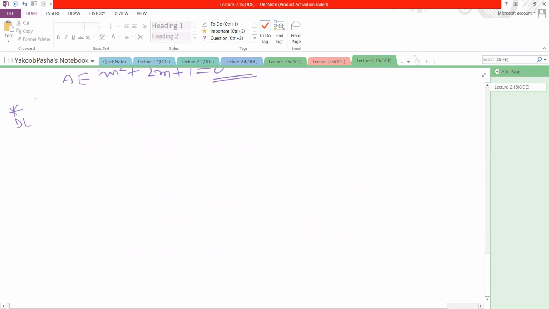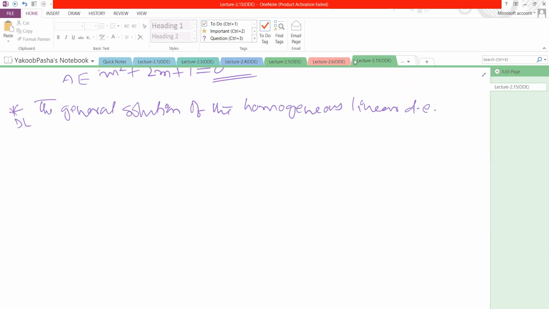The general solution of the homogeneous linear differential equation (x square into D square minus 4x into D plus 6) into y is equal to x square.